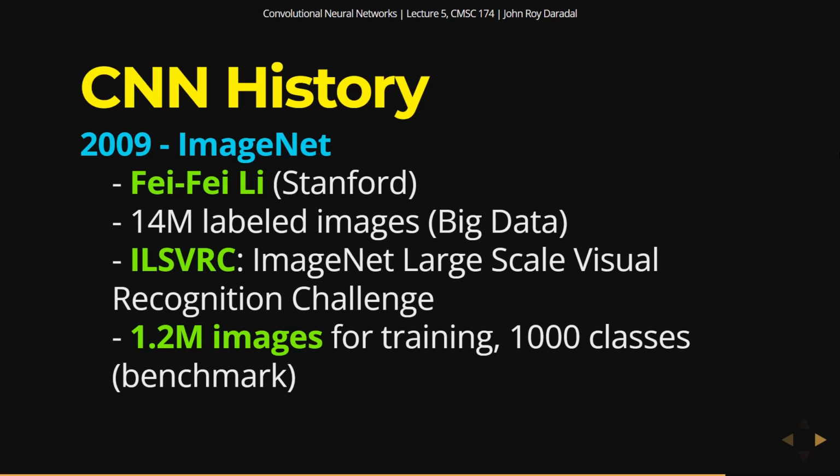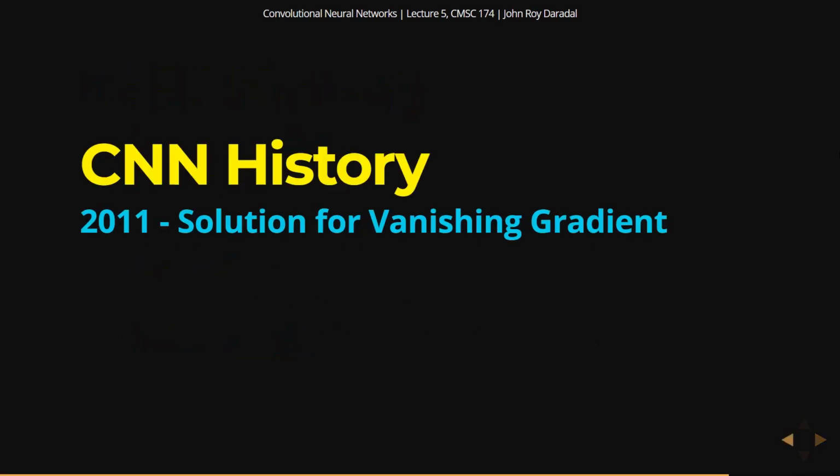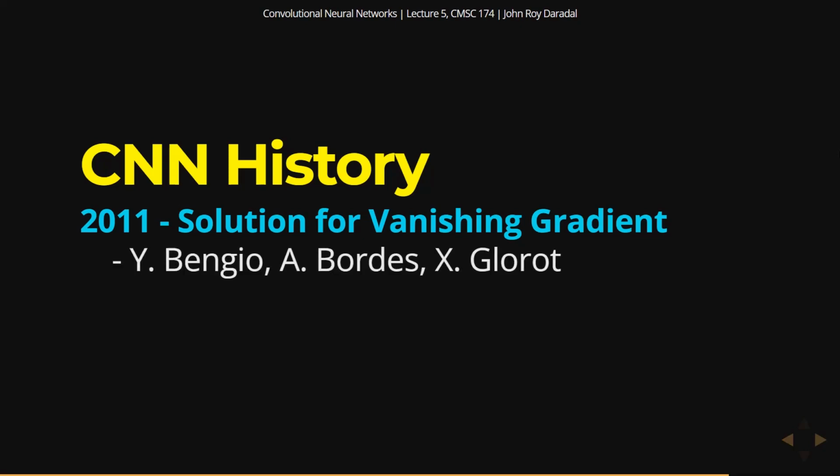The only thing remaining is that we still have the vanishing gradient problem, right, which was the reason why the neural network research kind of died down. And this was solved in 2011. So there was a solution that was proposed for the vanishing gradient problem by Yoshua Bengio, Antoine Bordes, and Xavier Glorot, the same Xavier Glorot who created the Xavier initialization, the weight initialization.